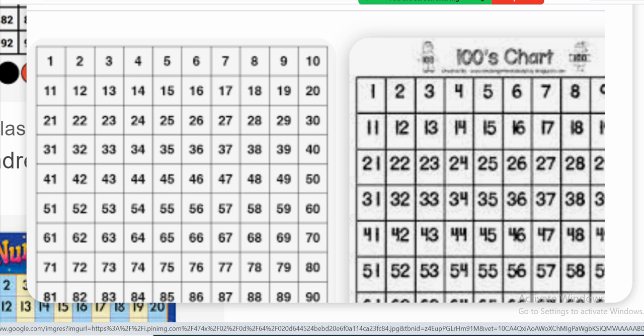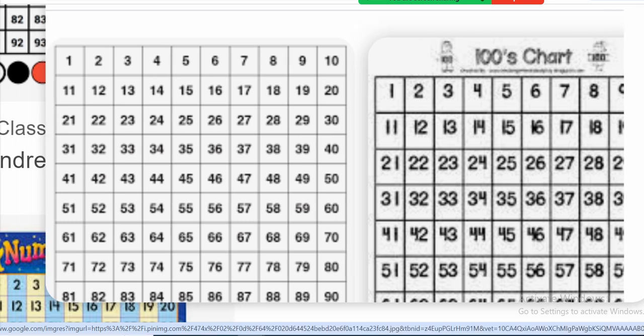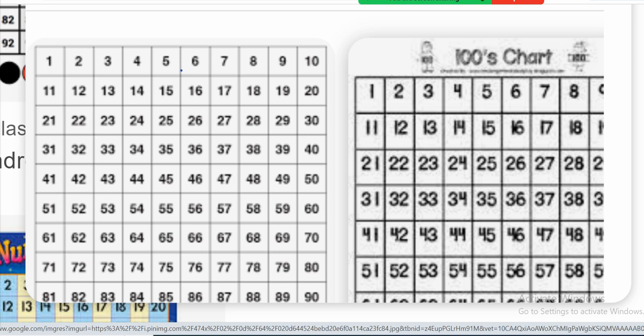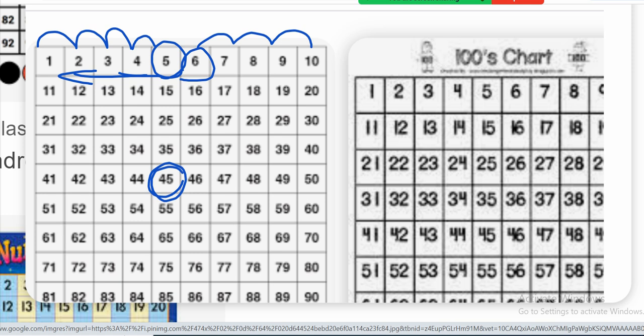When we go from left to right, see, if we have chosen the number 5, if we go left side, it is 4, like minus 1. It is counting backward. Or when we go right side, it is onward counting. We can take any number like 45.